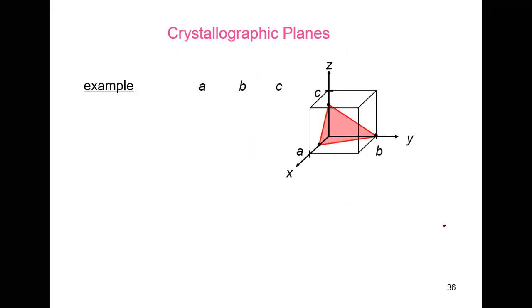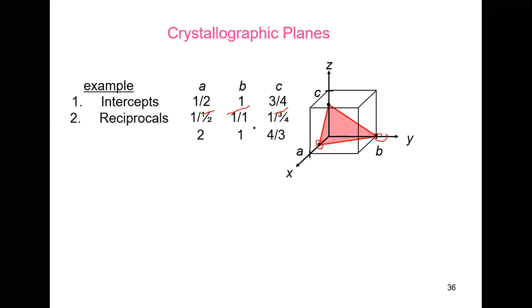And then if I ask you to calculate the Miller indices of this plane, the intercept is half here, the intercept is full here, and the intercept is about 3/4 here. So the intercepts are half, 1, 3/4.